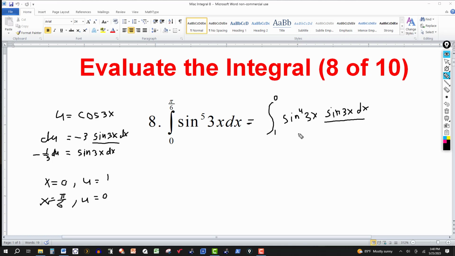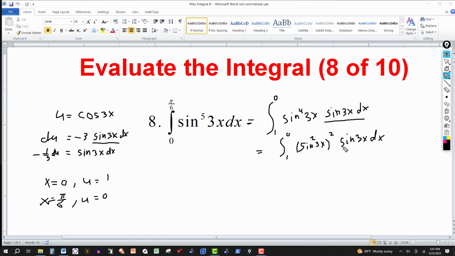Now we'll proceed. This is from 1 to 0. I'm going to rewrite this as sine squared of 3x quantity squared. And let me start right here.